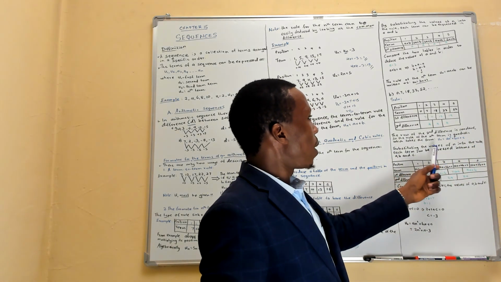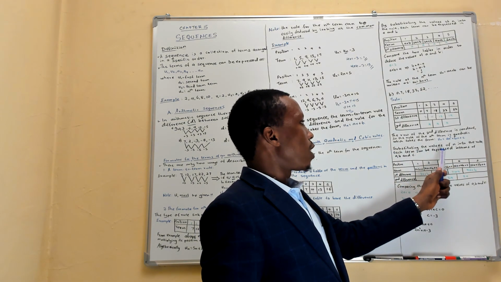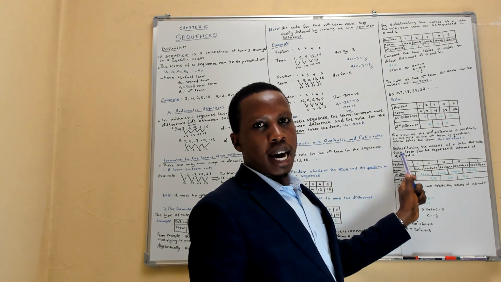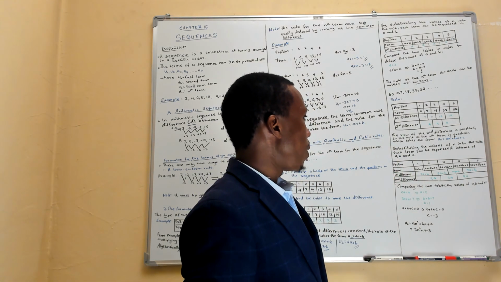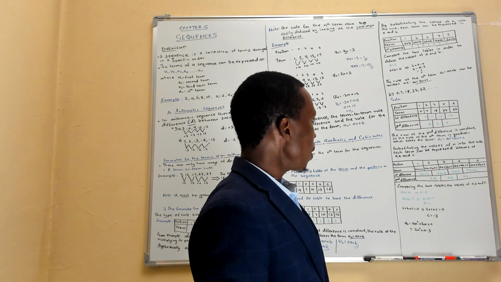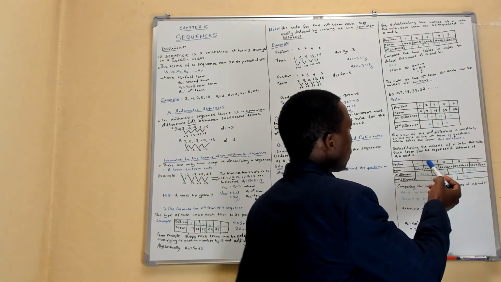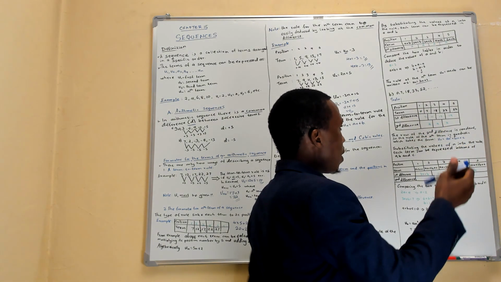So substituting the values of n into the rule, each term can be expressed in terms of A, B, and C. And if you look at each term here, for the first one, that is 0.